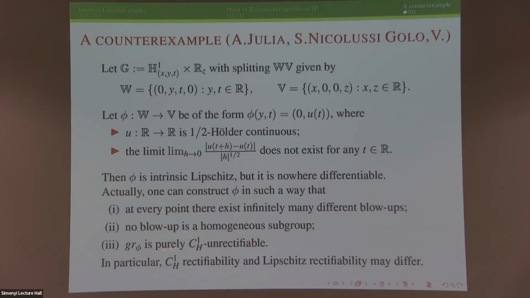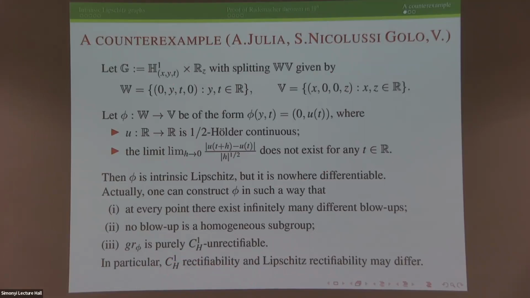This tells you that this graph is purely unrectifiable if in your definition of rectifiability you use intrinsic C1 objects as building blocks. So in this setting, rectifiability with C1 building blocks and with Lipschitz building blocks give you different theories.